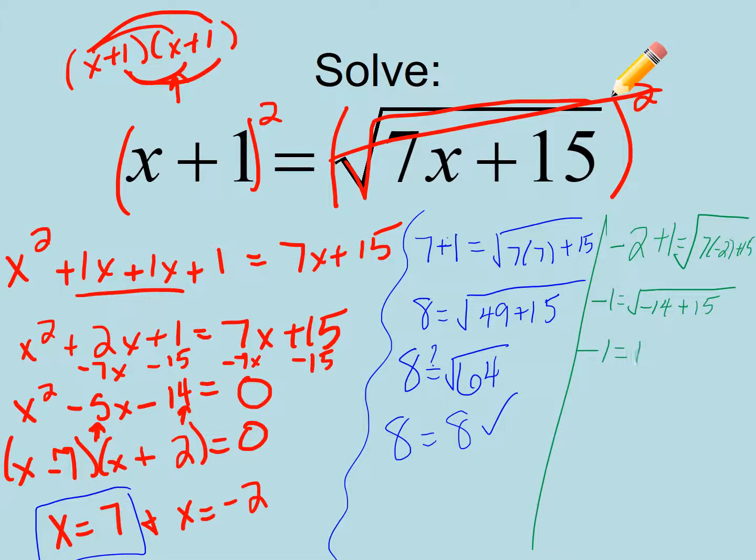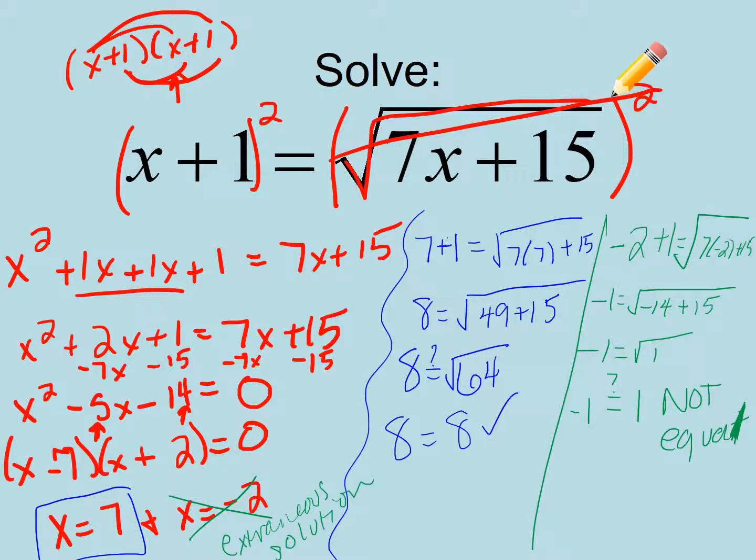So now we have a negative 1 is equal to the square root of a positive 1. But the square root of a positive 1 is 1. So the question is, is negative 1 the same thing as 1? And so they're not equal, which means that x equals negative 2 doesn't work or is an extraneous solution.